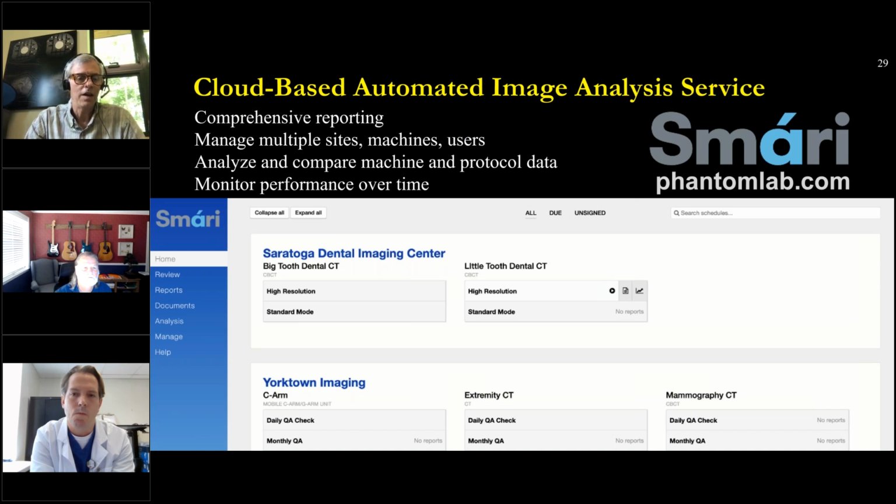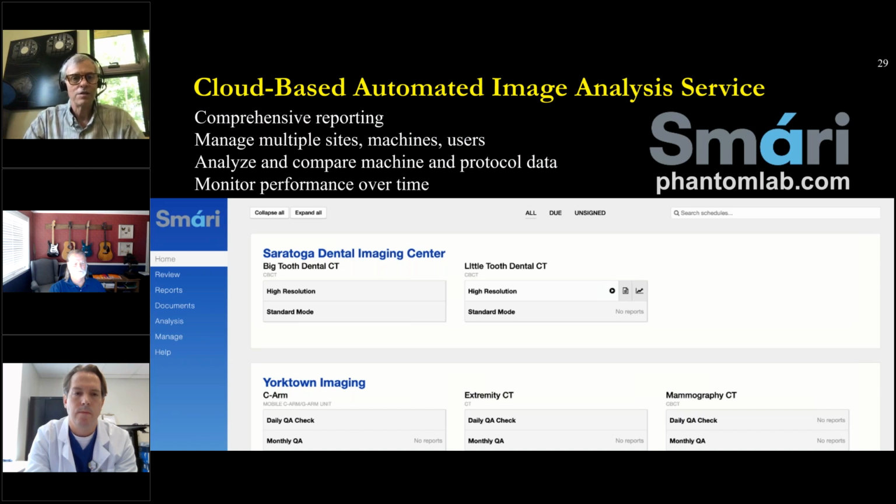And in some cases, you may have a high resolution in a standard mode or multiple modes that you want to operate, different arcs or whatever features, and you can collect those data separately so that you can actually compare apples to apples. And also in other cases, you may have a daily check versus a monthly check. And so the data is there, it's collected in these sort of database bins.